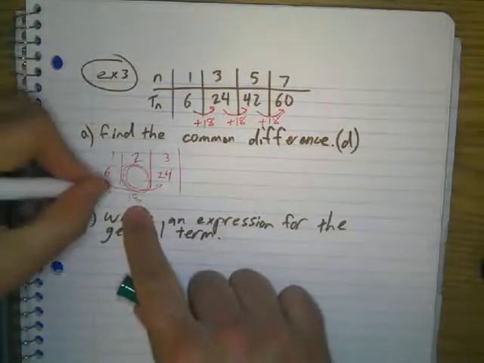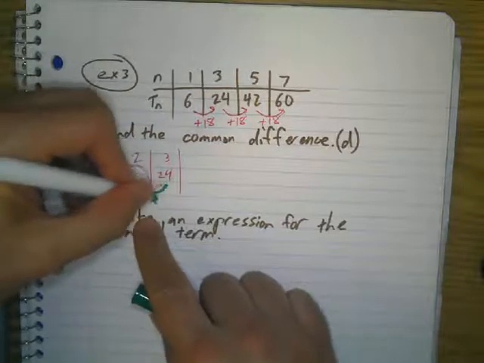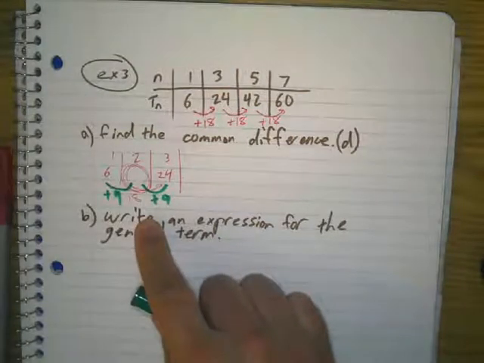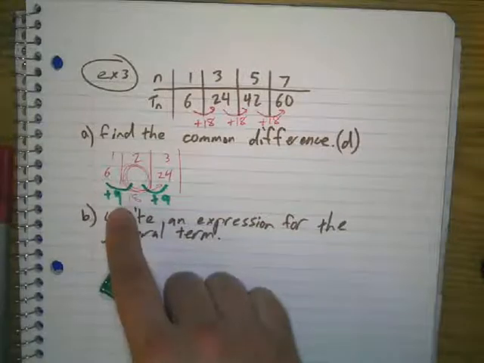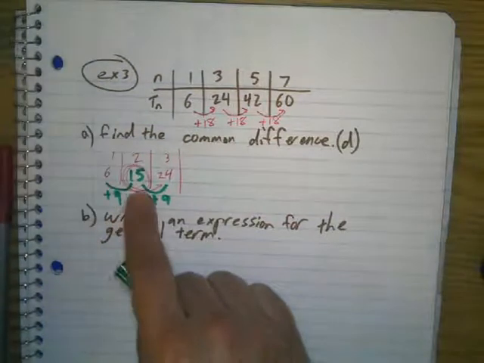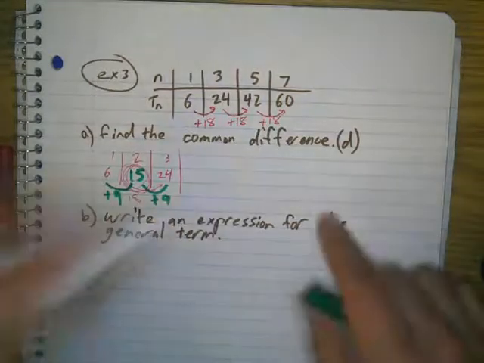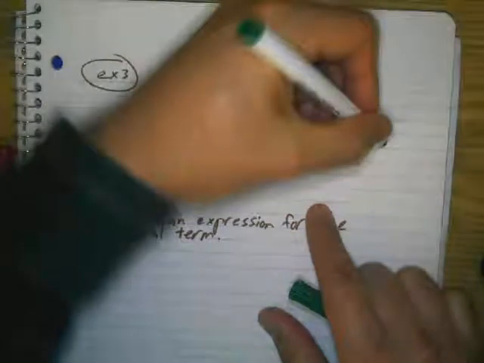So from here to here it should be plus 9, and from here to here it should be plus 9, right? So 6 plus 9 is 15, and then if I add 15 plus 9, I'm going to get 24. So my d, the common difference, is equal to 9.